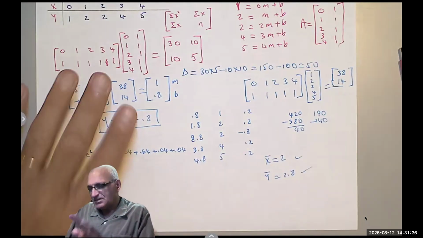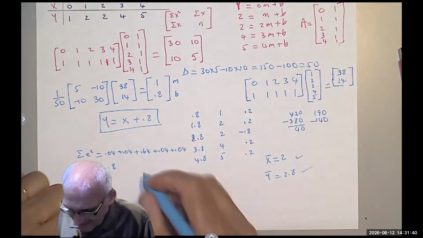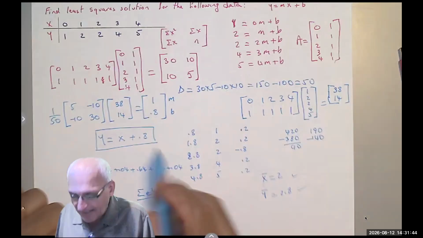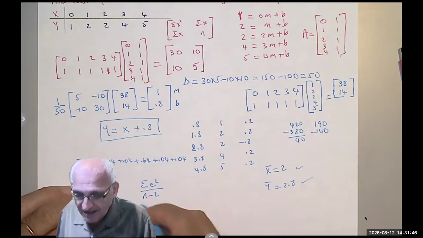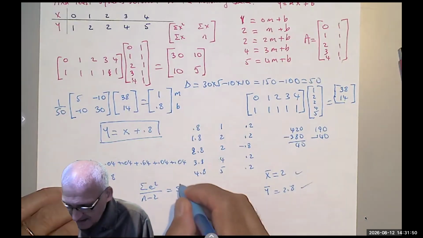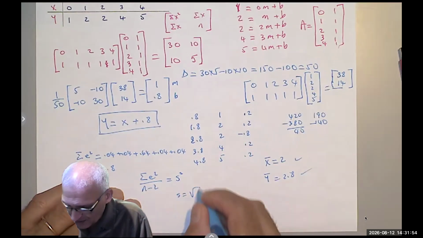By the way, I know it's beyond the scope of this course, but if I divide the sum of these squared deviations by n minus 2, where n is the number of data points, I get the variance in the data, and the standard deviation is the square root of the variance.